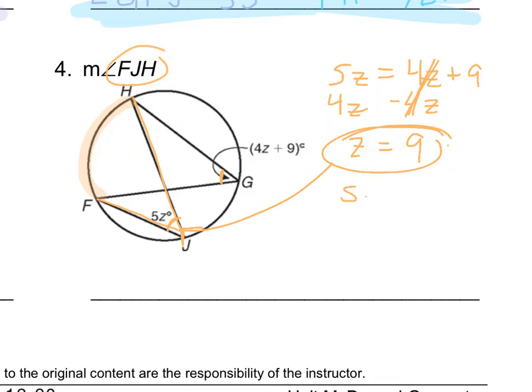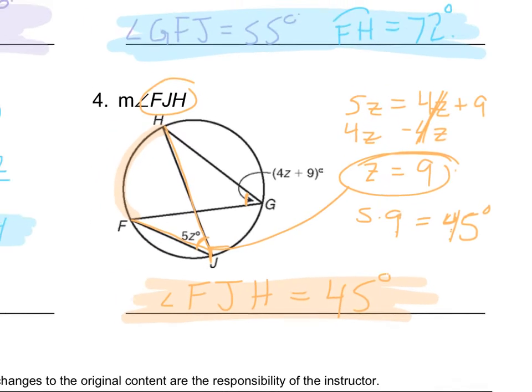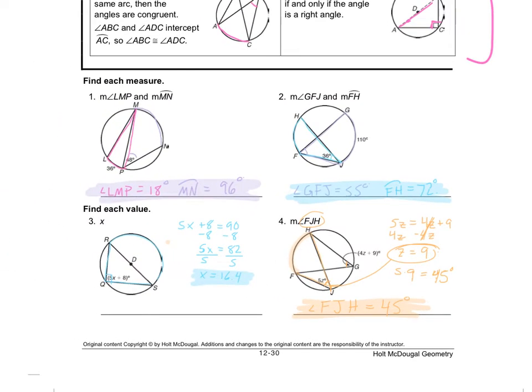So we have 5 times 9, which is 45. So angle FJH is 45 degrees. Alright, so these are the first 4.